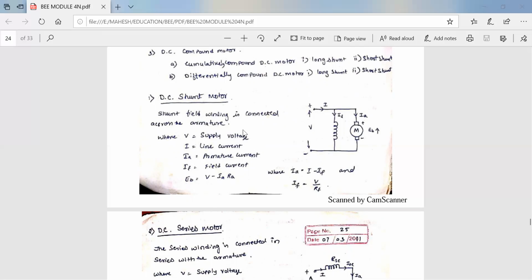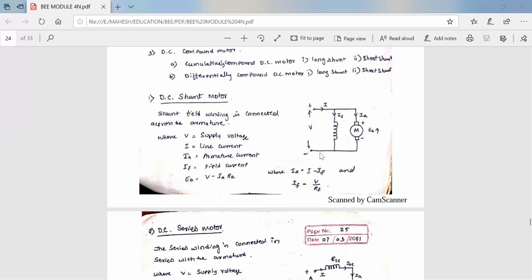In its circuit diagram, you can see that the shunt field winding is in parallel with the armature. V indicates supply voltage, I indicates line current, IA indicates armature current, IF indicates field current, and EB indicates back EMF.